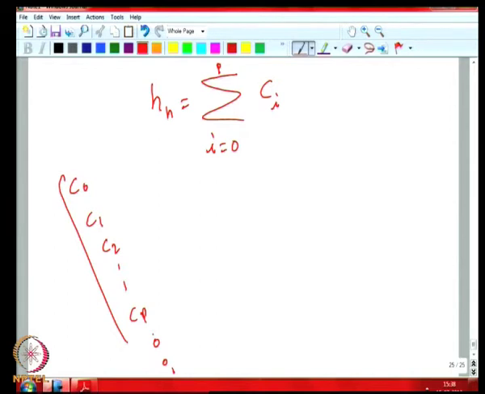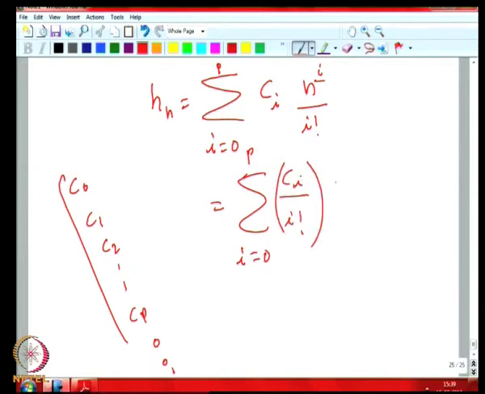The 0th diagonal looks like this, Ci into n choose i, right. But this n choose i, as we have mentioned, is n to the i falling factorial divided by i factorial. So now this can be written as sigma i equal to 0 to p Ci by i factorial into n to the i falling factorial, right.